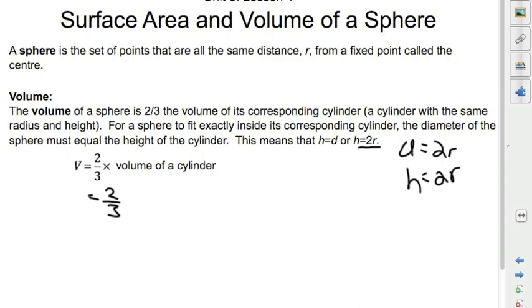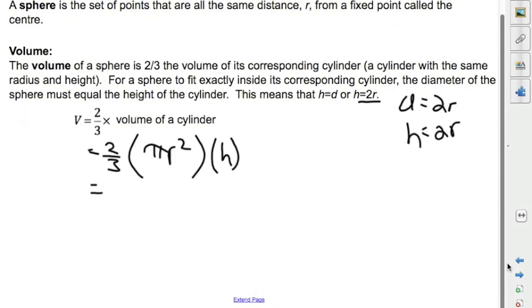So we're going to get this magical cylinder. What's the volume of a cylinder again? The area of our base, which is just a circle, pi r squared, and we want to multiply by the height. In this case, how high is our cylinder?